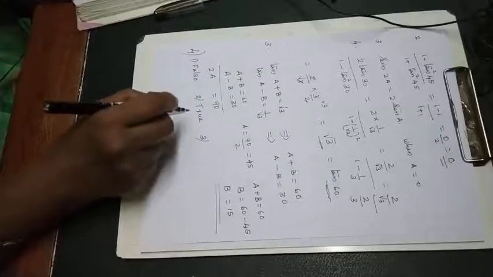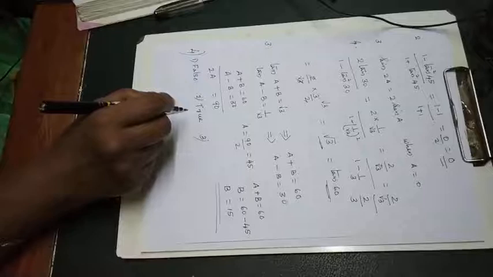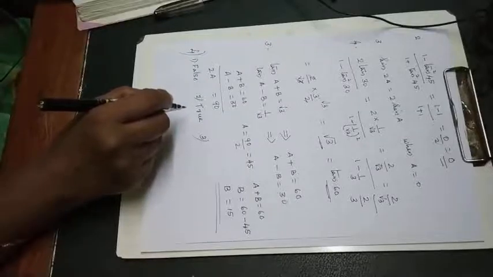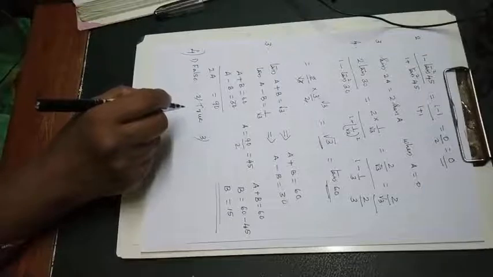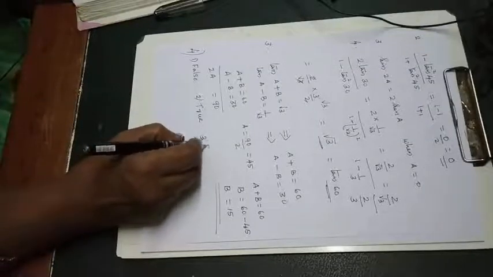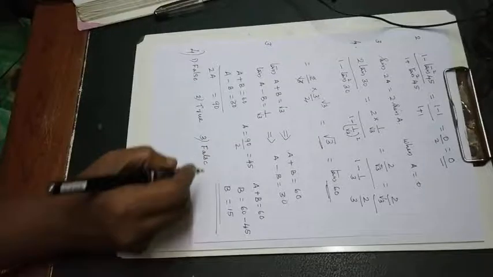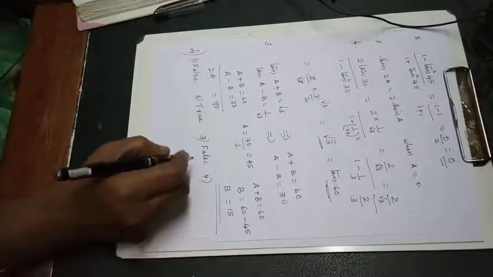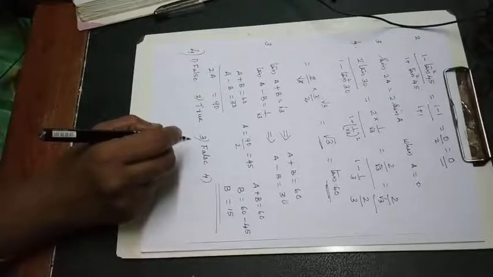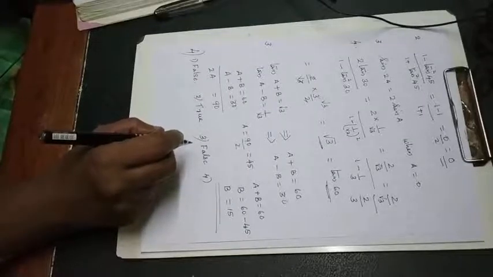Then third one, the value of cos theta increases as theta increases. That is a false statement, because cos 0 is 1, then it keeps on decreasing. So it is false. Then fourth one, sin theta is equal to cos theta for all the values of theta.